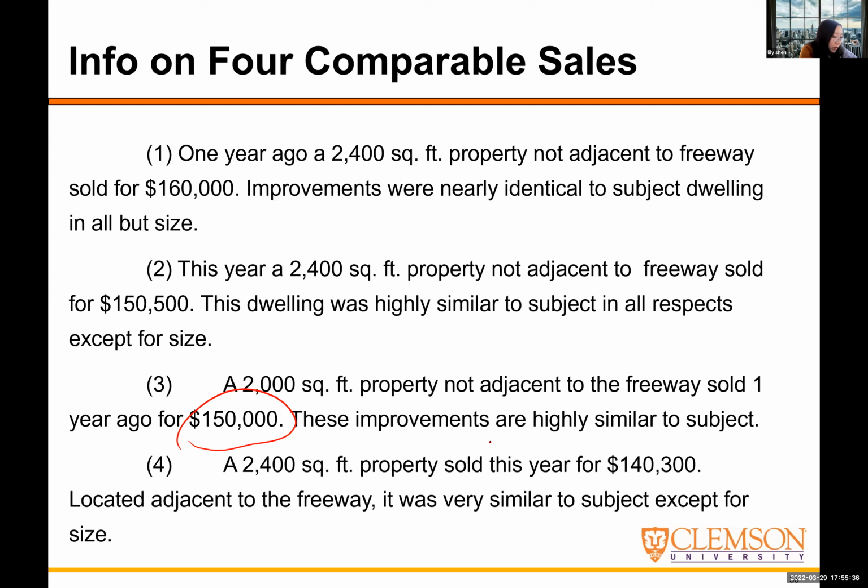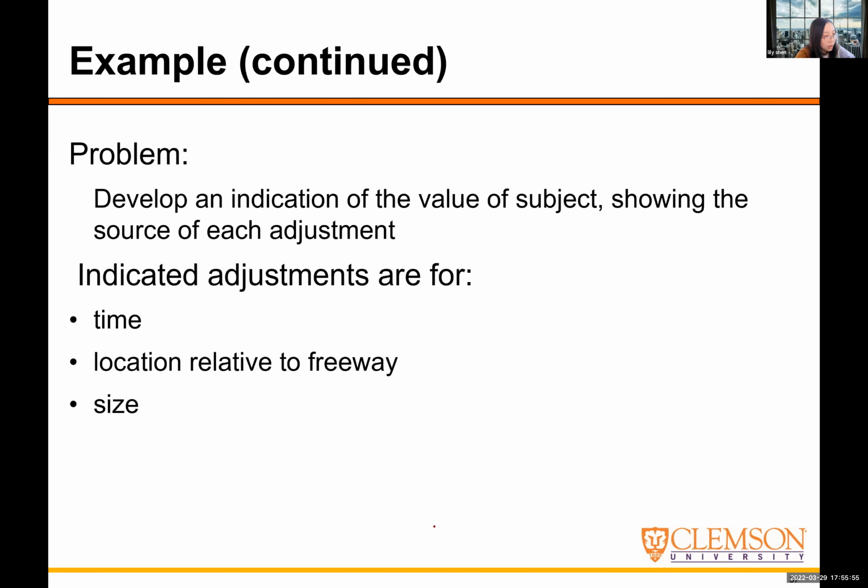You have comparable 4. Comparable 4 is 2,400. It was sold this year. There's no need for adjusting for market conditions. And you have the sell price, and it's very similar to the subject, but is adjacent to the freeway. So based on all the comparables, let's try to see what are some things you have to adjust for.